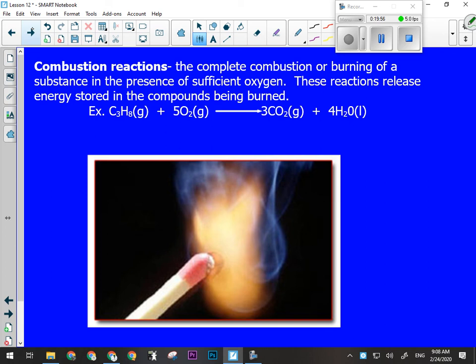The products of any combustion reaction are carbon dioxide and water. So a combustion reaction always goes with this pattern: carbon and hydrogen plus oxygen. There'll be some compound with carbon and hydrogen in it reacting with oxygen gas, and the products of this reaction are always the same: carbon dioxide and water.